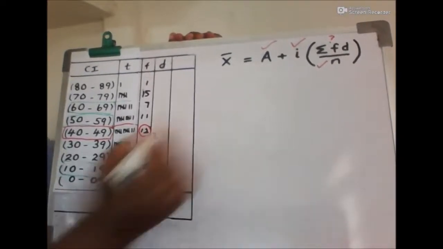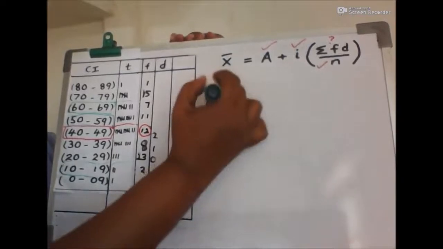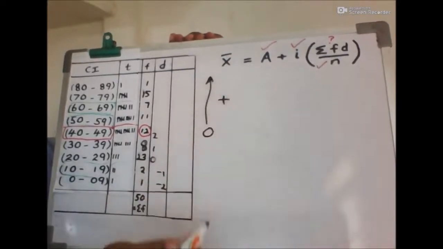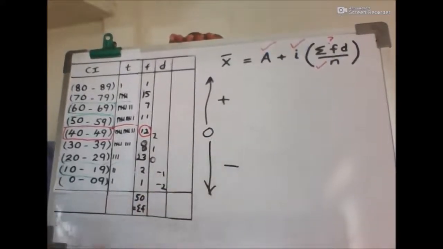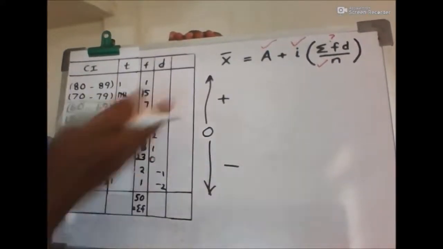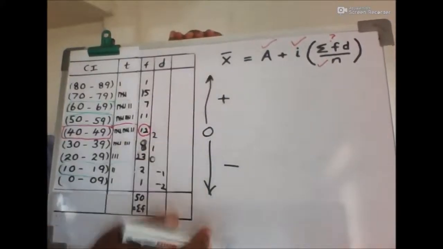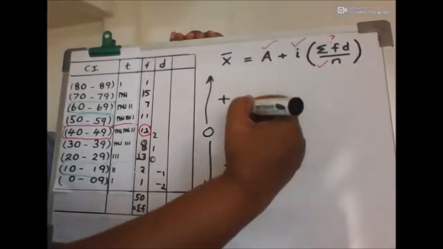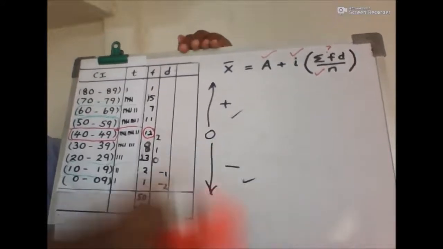That's all. So 0 is here. Above 0, all the plus values. Below 0, all the minus values. Don't mix these two. Don't put minus above 0 and plus below 0. It's wrong. The correct one is plus above 0, minus below 0.